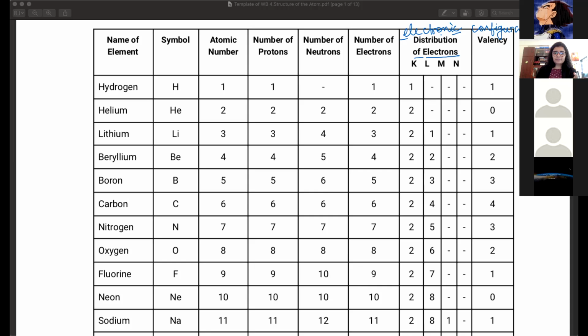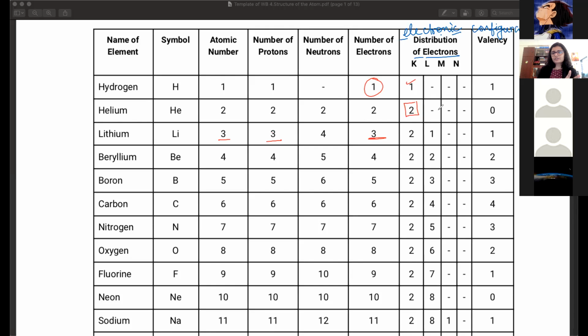So for example, hydrogen has one electron. So that single electron will go in the first shell. Helium has 2 electrons. 2 into 1 square is 2. So the first shell has a maximum capacity of 2 electrons. So fill it up in the first shell. Lithium has 3 electrons, so atomic number 3. So 3 protons. Protons is always equal to electrons.